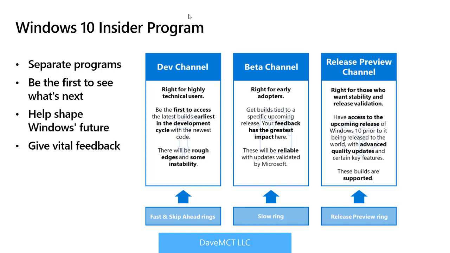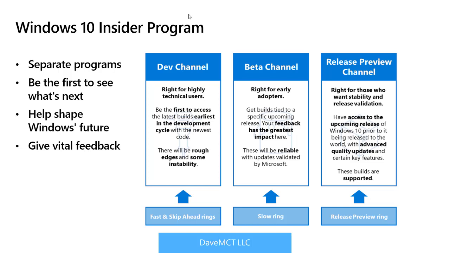Which one should you choose? Well, there are four main factors you have to consider: how stable you need the device to be, what level of issues you can handle on your device, how early in development you'd like to see features and changes, and finally, whether or not you need Microsoft support. That brings us back to the reasons you become an insider.